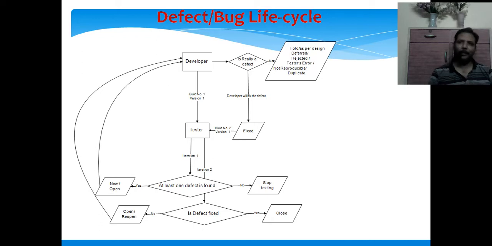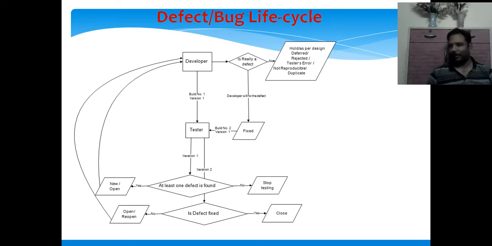Whenever I get a new build from the development department to the testing department, the build number will be incremented by 1. But version is not like that. If any change occurs in the functionality, then only the version changes. That is the difference between the build number and version number.